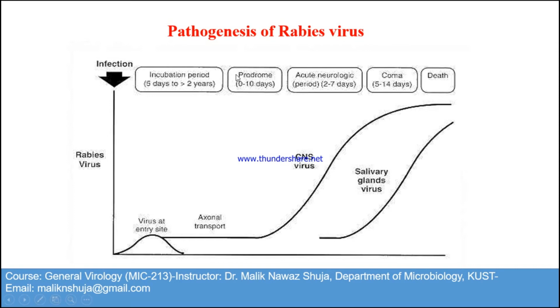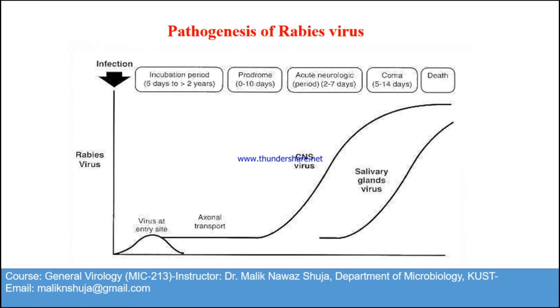From incubation, prodrome means that when the symptoms appear, because every virus has its basic symptoms. For example, with HCV virus infection, if the liver develops from acute stage to chronic stage, definitely we feel some sort of weakness, loss of appetite, loss of weight, and the color becomes more yellowish and we become weaker.